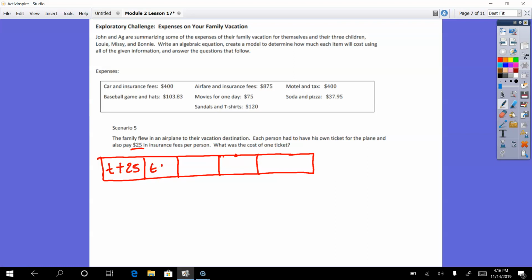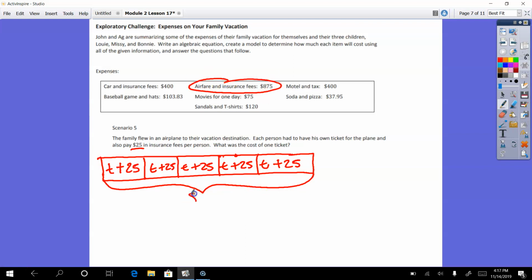So plane ticket, $25, plane ticket, $25, plane ticket, $25, plane ticket, and $25. And their total airfare and insurance was $875.